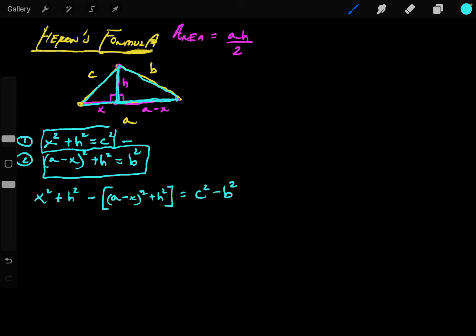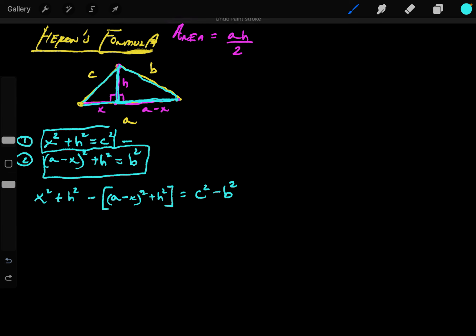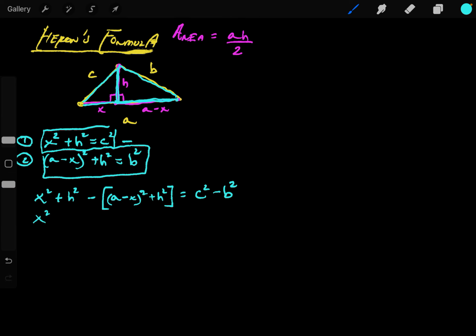And that's the first step, really. Then what you do is you distribute this minus: x squared minus h squared is equal to c squared minus b squared.